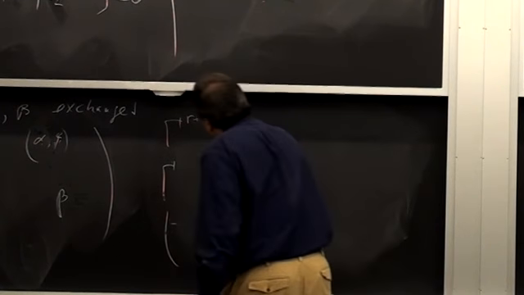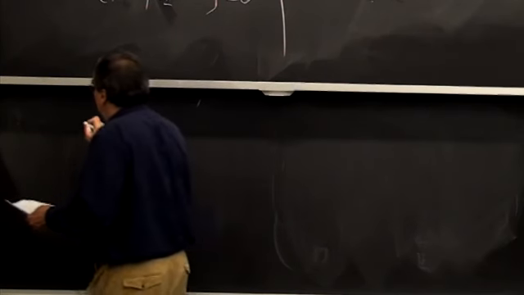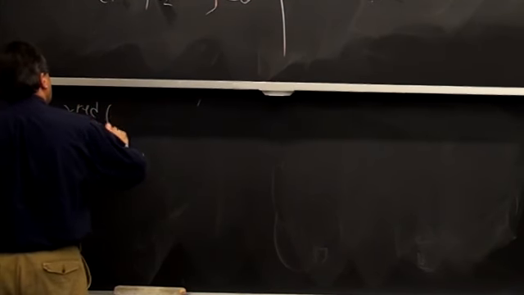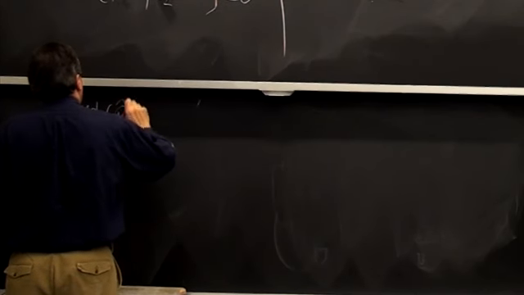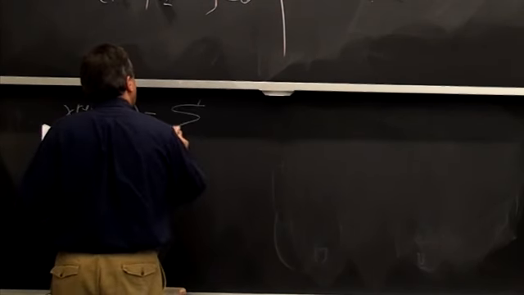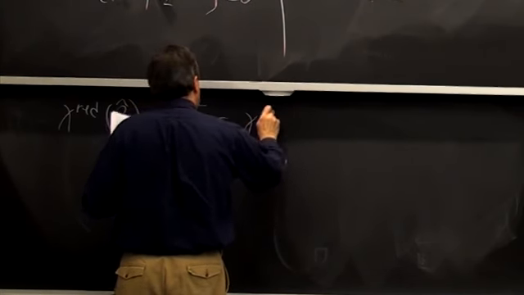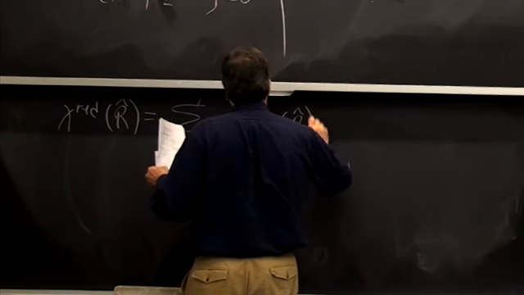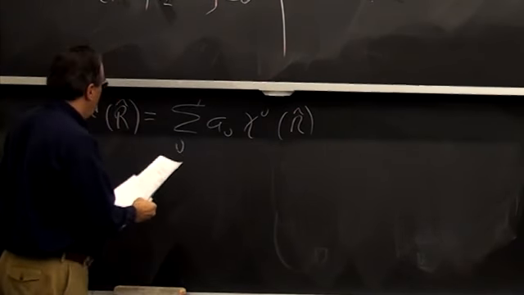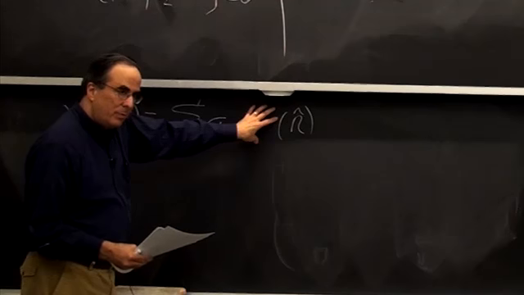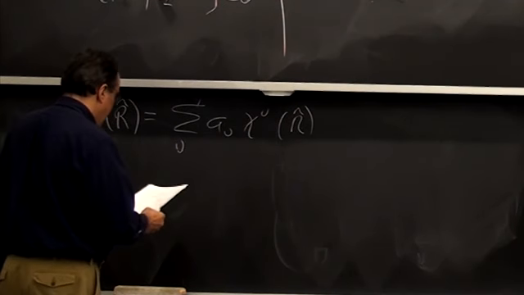Okay. And so the way you apply them is we would like to know how many times each irreducible representation appears in a reducible representation. And so we have A nu, sum over nu, chi nu R. So we want to know the number of times each irreducible representation appears in a reducible representation.